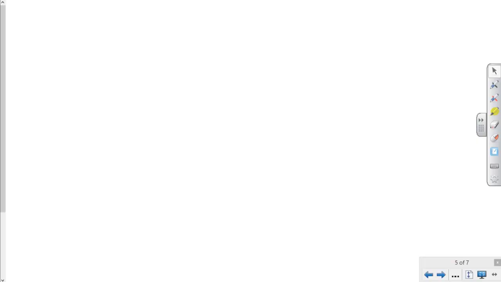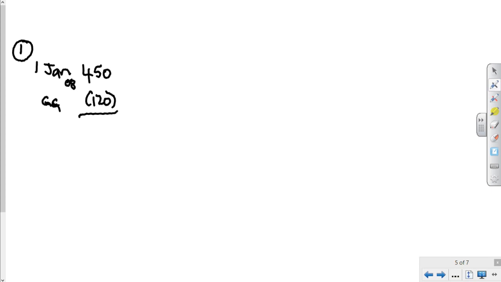Okay, so the first one was an asset grant, and we were going to offset, right? 1 January 08, we bought an asset for 450. And we received a grant of 120, which means that we were carrying the asset at 330.